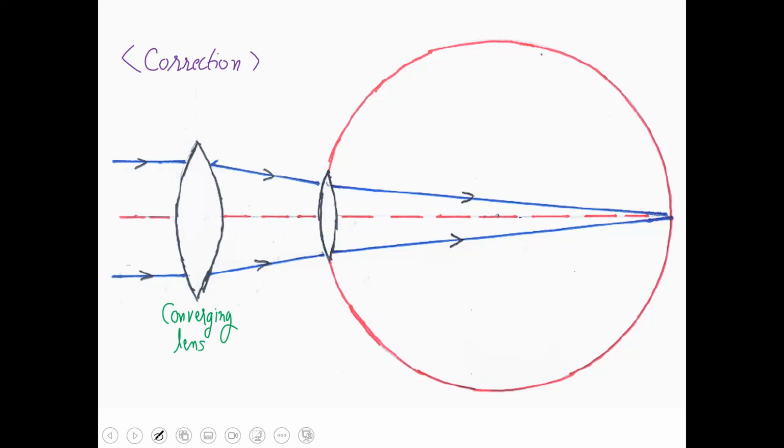So that patient has to wear a converging lens. Now the converging lens will first compress the rays a bit. Then the human eye lens converges them further. Ultimately, the rays are able to focus on the right position. You have to copy this correction.